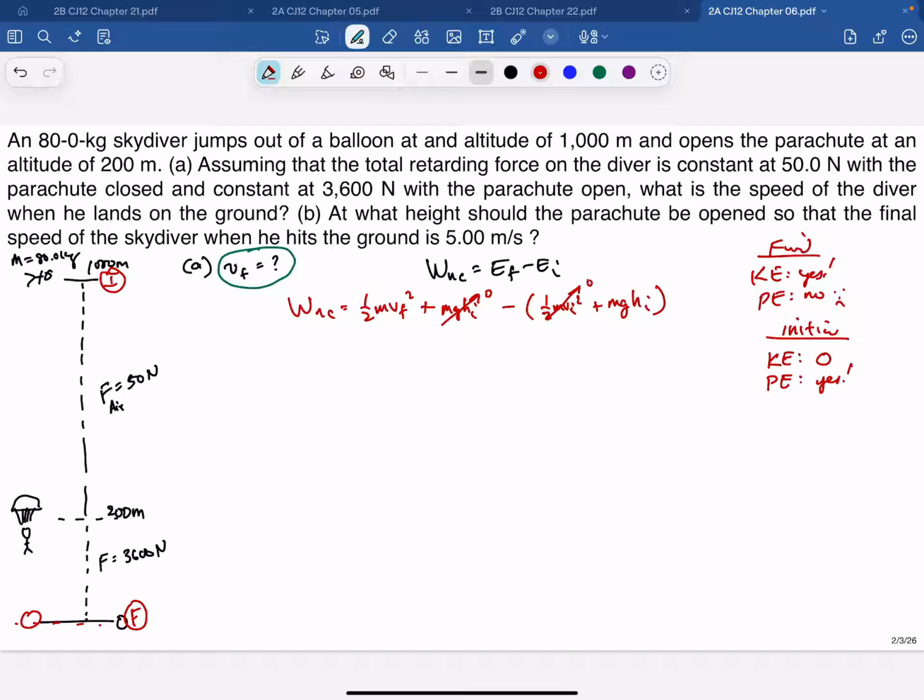Okay? So, to do the work, what do we need to ask ourselves? Which forces? Science concerns itself with how, what, when, and where. We need to start asking what forces other than gravity exist here.